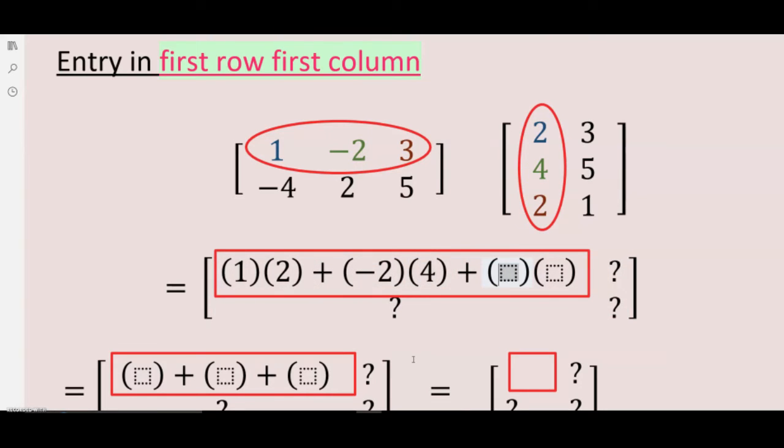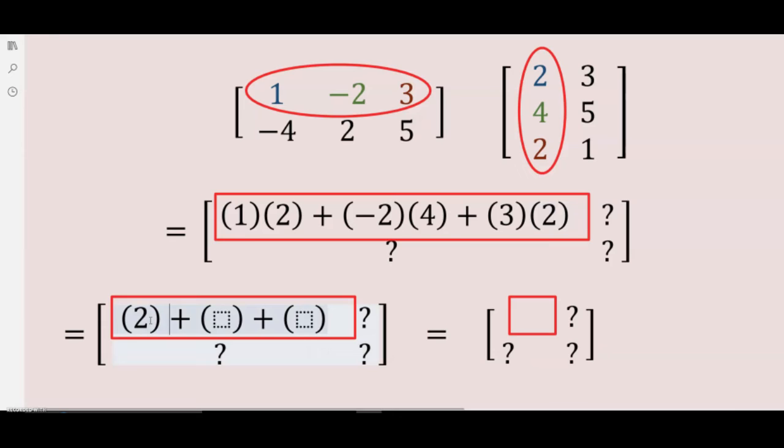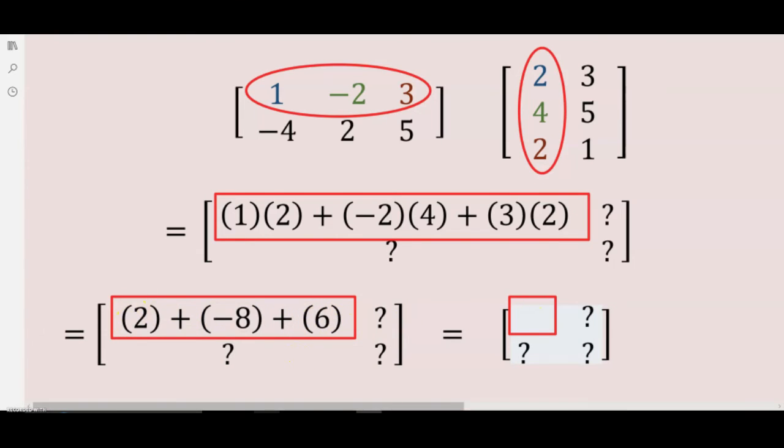Similarly, the third entry, 3 into 2. Now just do the calculations. 1 into 2, that is 2. Plus minus 2 into 4, that is minus 8. Plus 3 into 2, that is 6. Now what will be the answer here? 2 plus 6, 8. 8 minus 8, that is 0. So now we got the first entry.